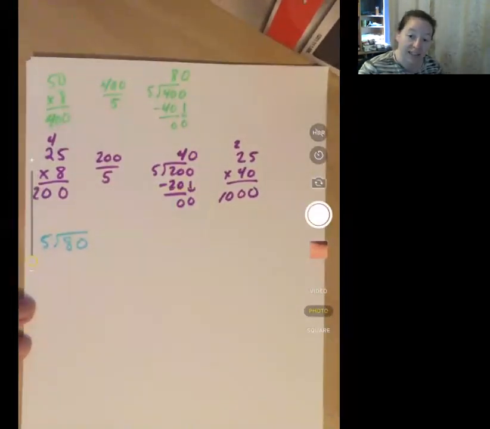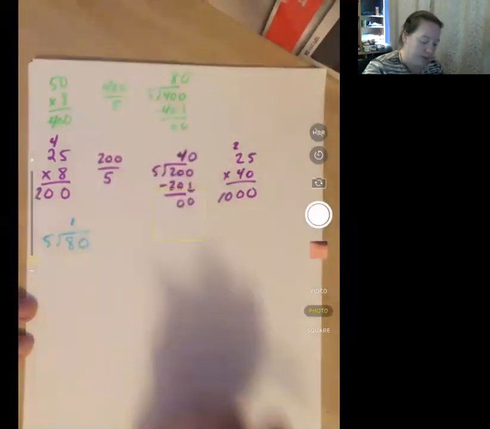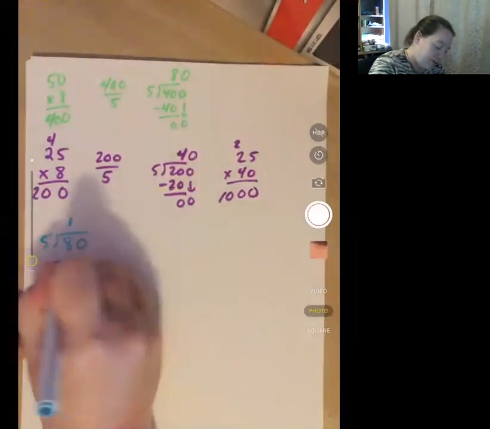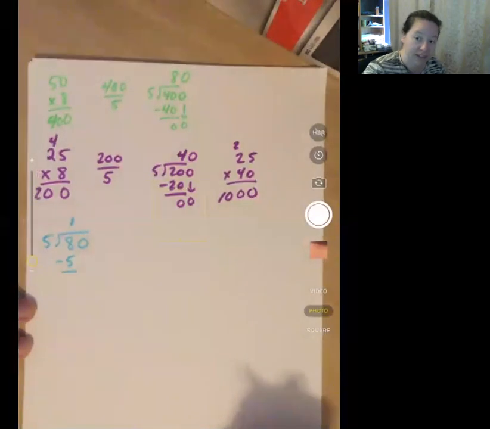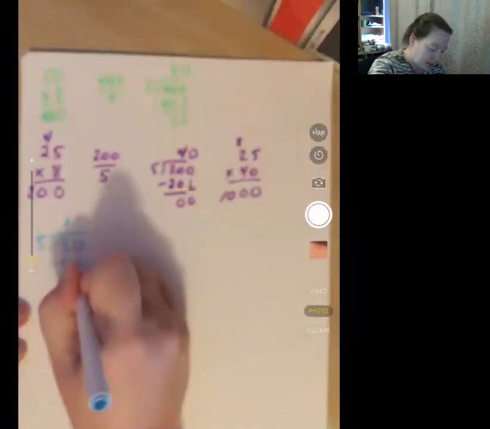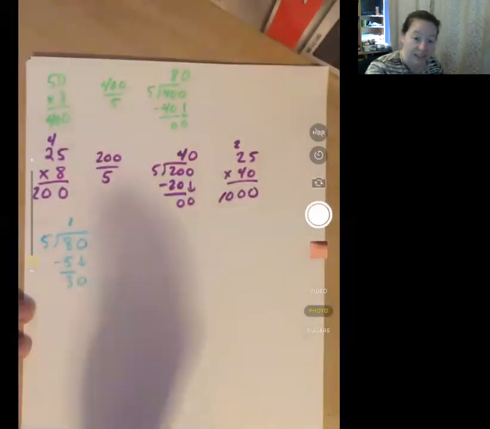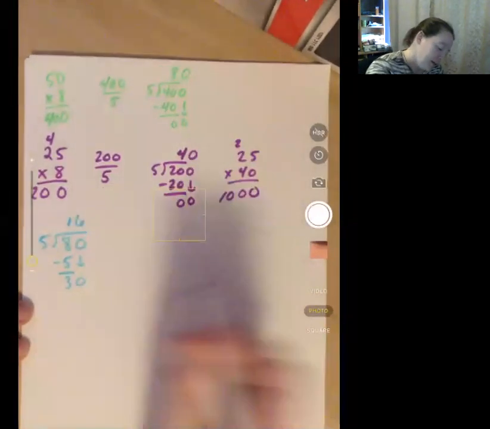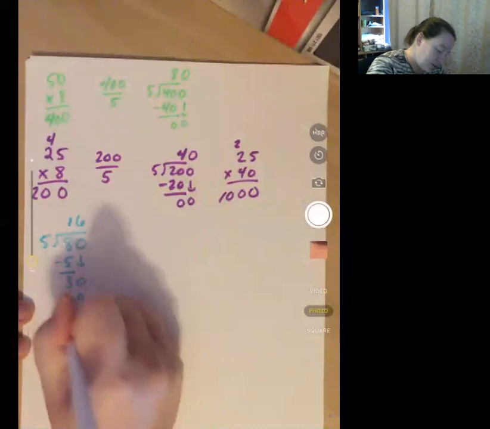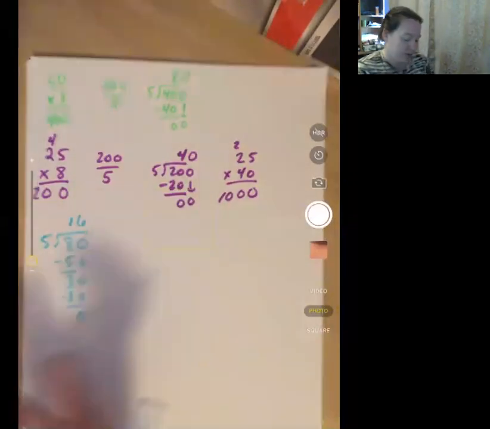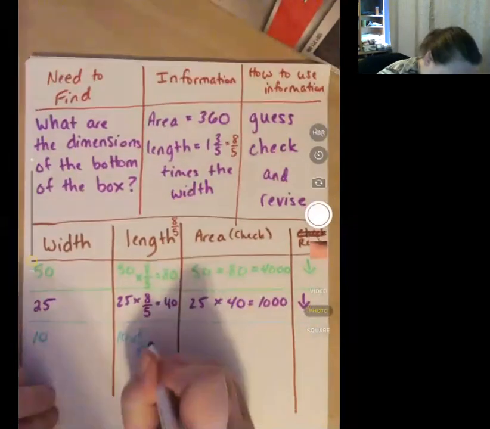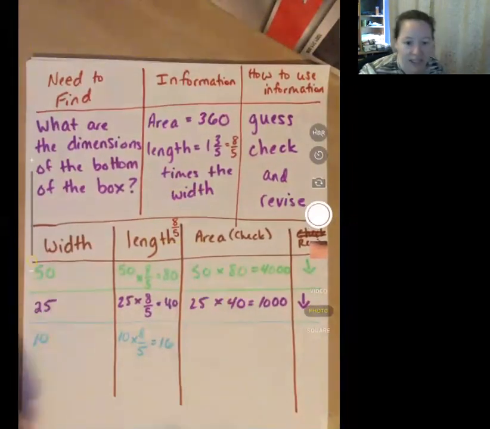5 goes into 8 one time, because 1 times 5 is 5. 8 minus 5 is 3. Bring down the 0. 5 goes into 30 6 times. So that's minus 30, which gives us a 0. So this is equal to 16. Back on this side again.